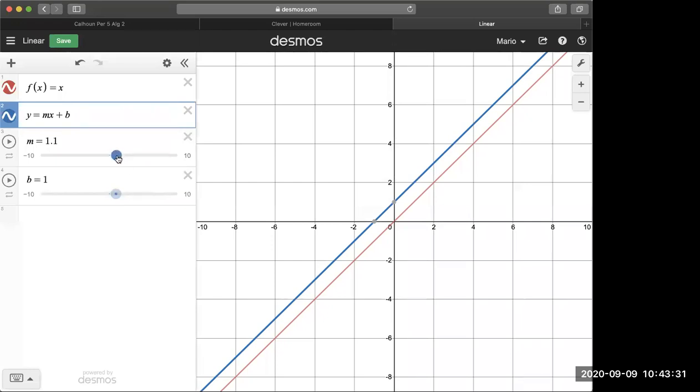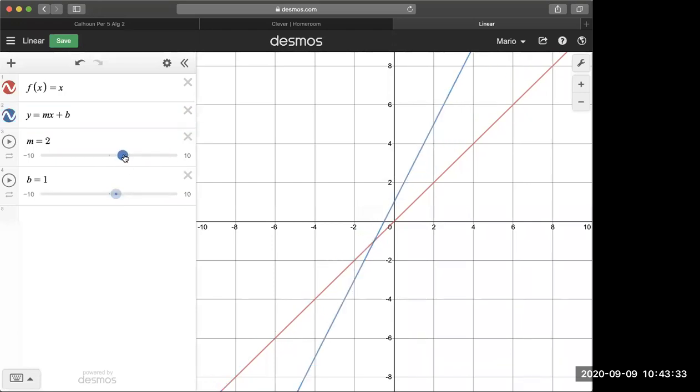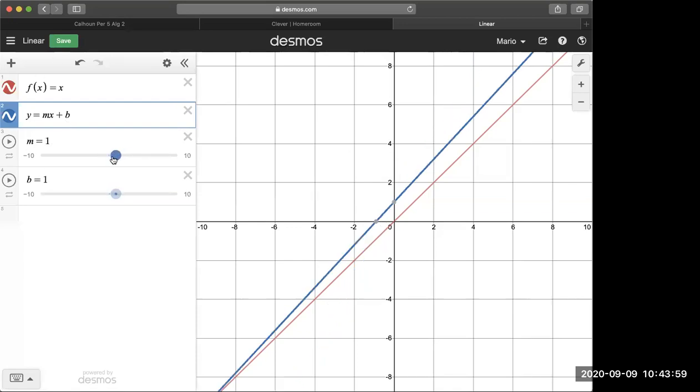Or if every time the x increases 1, the y increases 2, it should be 1, 3. I'll get the point. But that's what the slope is. Linear functions always have a constant rate of change, and that is literally y equals mx plus b.